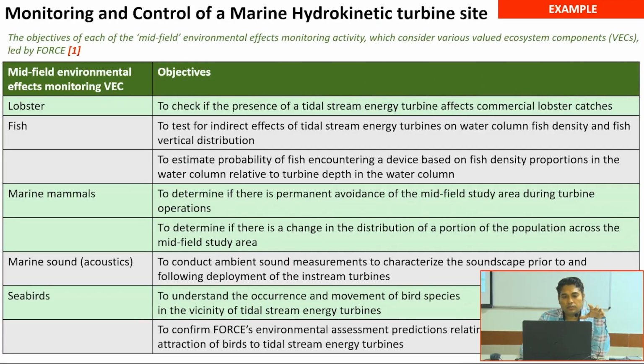So this is another chart I have taken from some other source. They have gone for tidal current or maybe ocean current. There they have checked lobster, the health of the fish, marine mammals, marine sound acoustics, and sea birds. So these are their parameters to monitor.